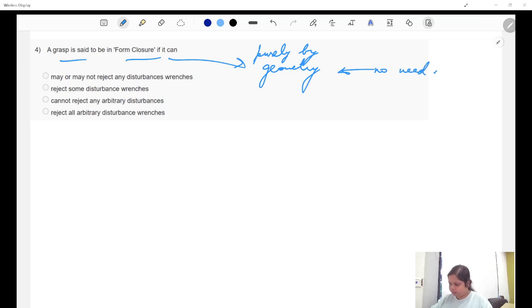First thing, the object is completely immobilized by the arrangement of contacts.